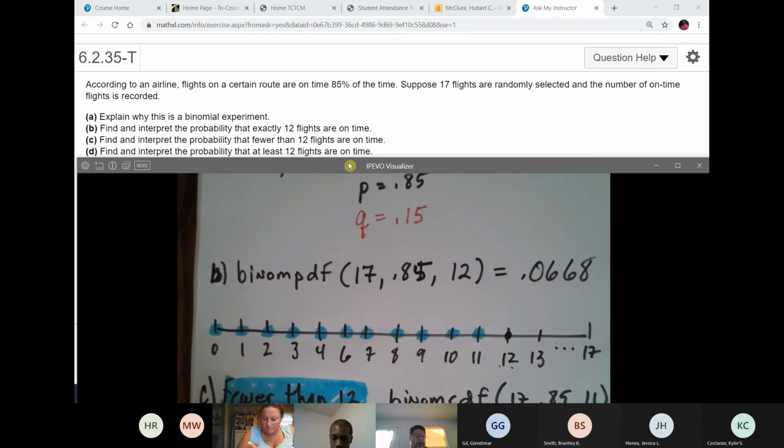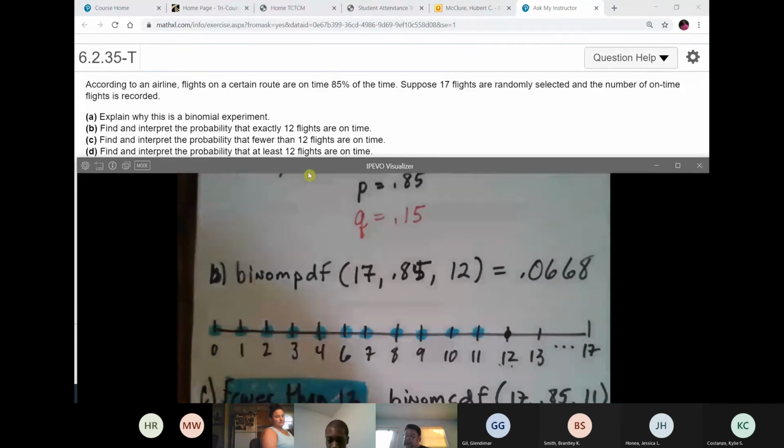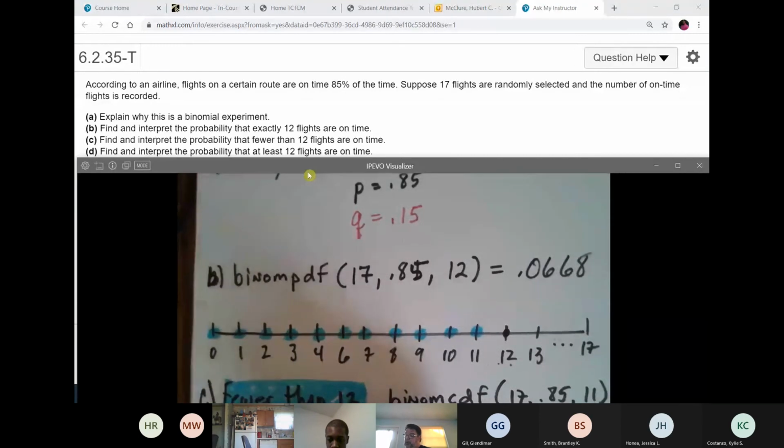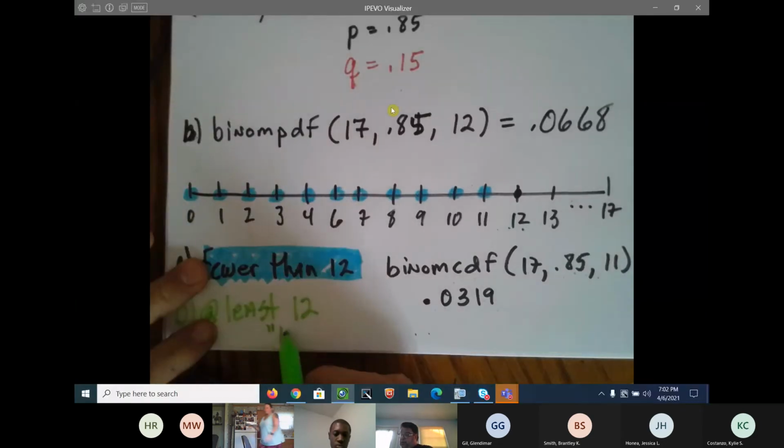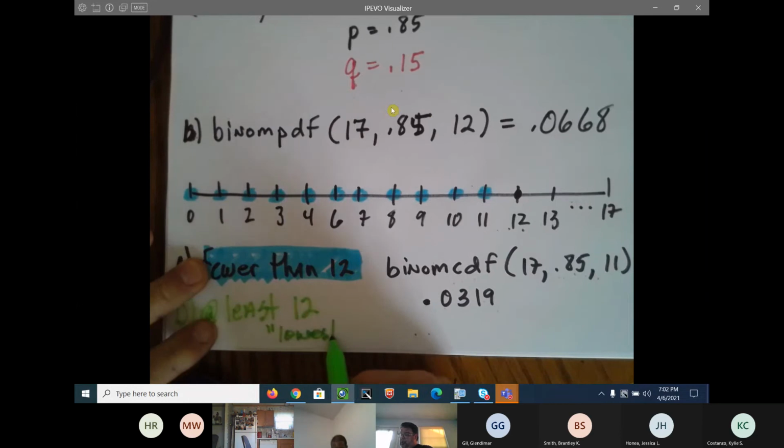So I'm going to put D right here in green. Let me find a fluorescent green. There it is. D, at least 12 means the lowest number is 12.